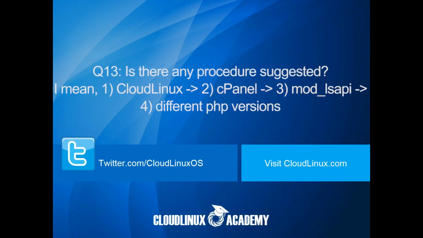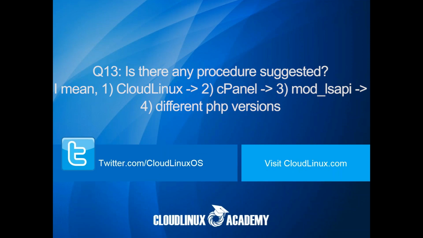Is there any procedure suggested? I mean, CL, cPanel, Mod LSAPI, different PHP versions. If you mean the order of installation, it really doesn't matter. You can install cPanel after CloudLinux, but it has to be a fresh install. If you're installing CloudLinux after cPanel, it doesn't have to be a fresh install.